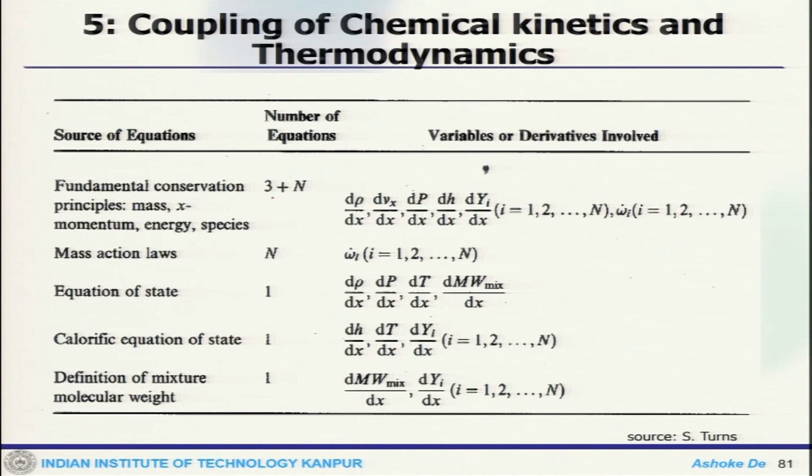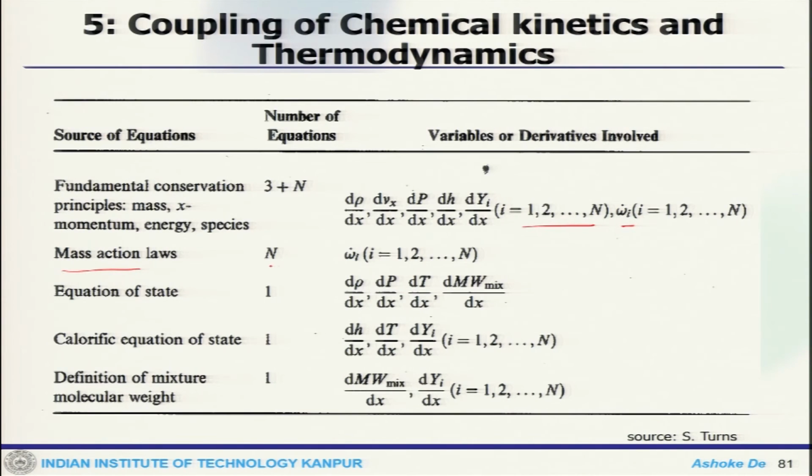So, the number of equations is 3 plus n, and the variables or derivatives involved are d rho by dx, dVx by dx, dP by dx, dh by dx, dYi by dx for the number of species, and omega dot i from the mass action law.